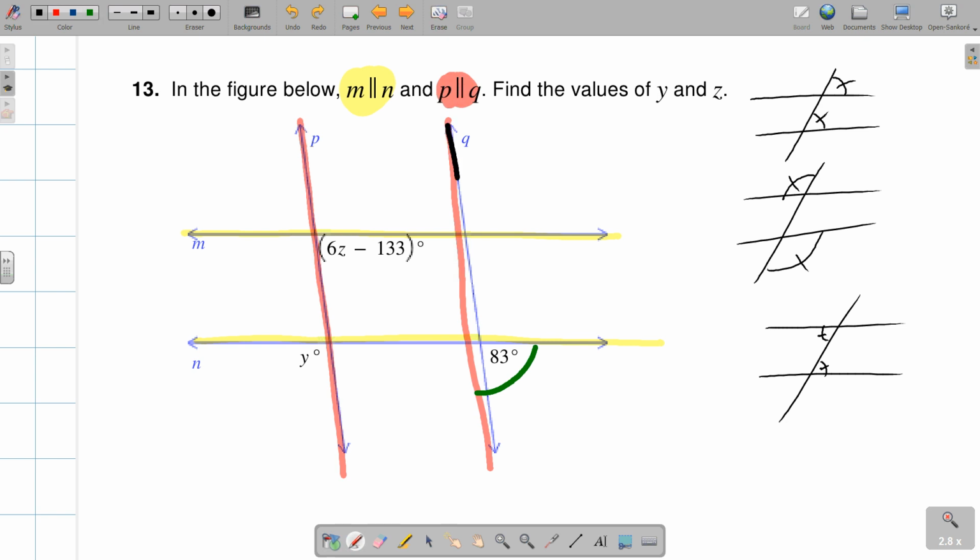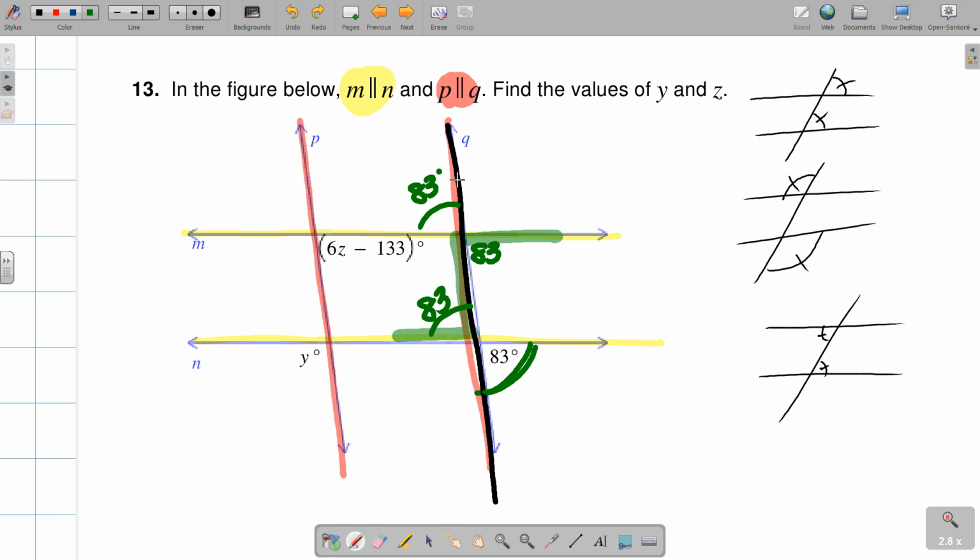So looking at this transversal, that 83 is also going to go right there because it's a vertical angle. Then I can do this, armpits of the Z. That 83 also goes here. And this is alternate exterior, that 83 also goes here.